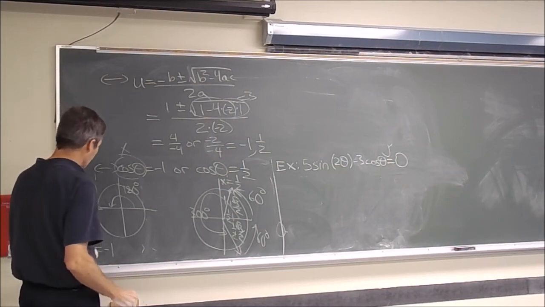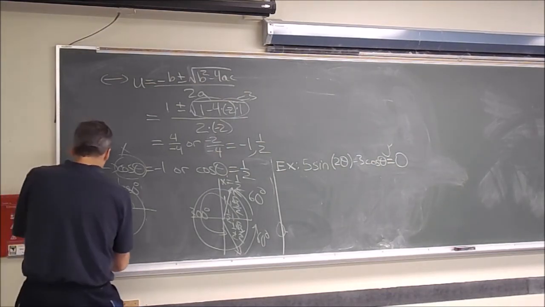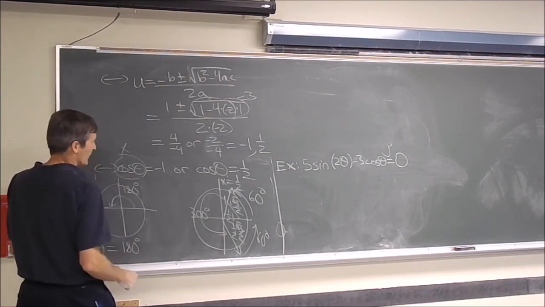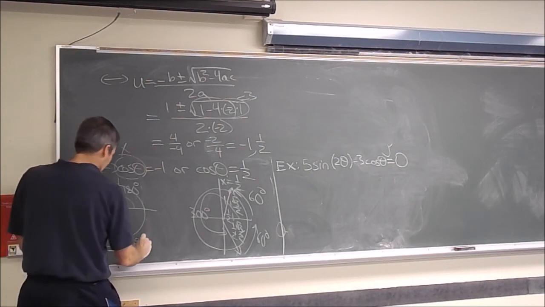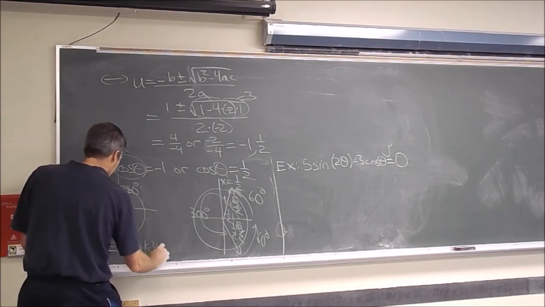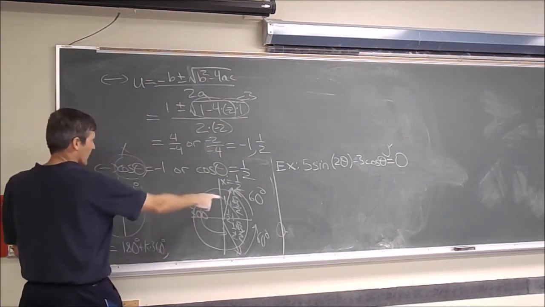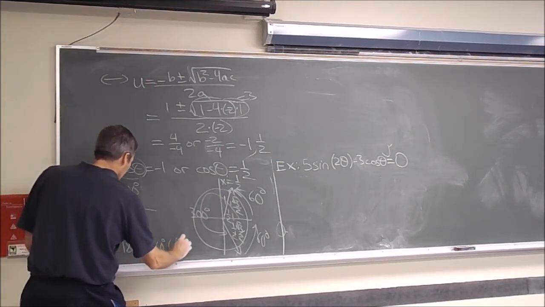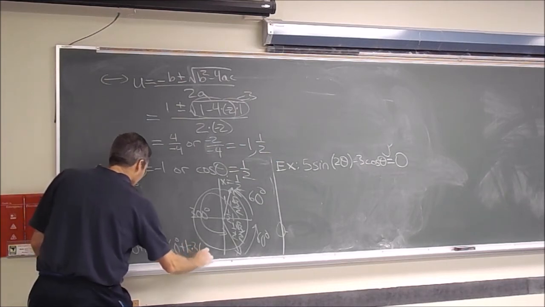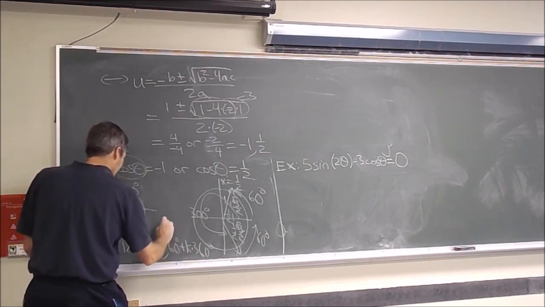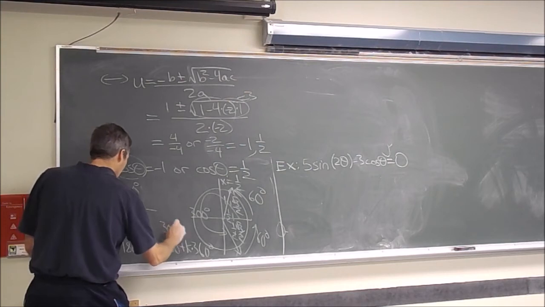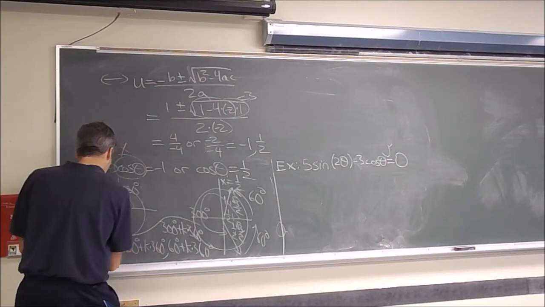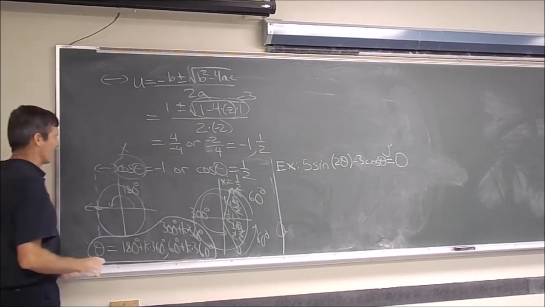What we have for all our solutions now is theta equals 180 degrees, and if we're not restricting to be between 0 and 360 degrees, plus k times 360. And then we have 60 and 300 degrees also. 60 degrees plus k times 360. And 300 degrees plus k times 360. There's all solutions to this equation. Pretty tricky.